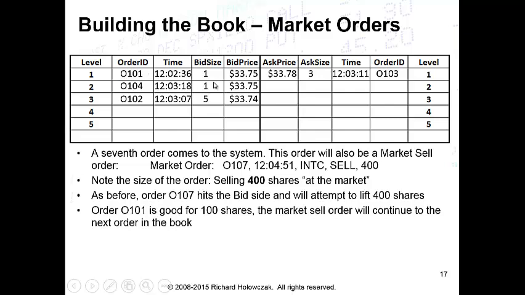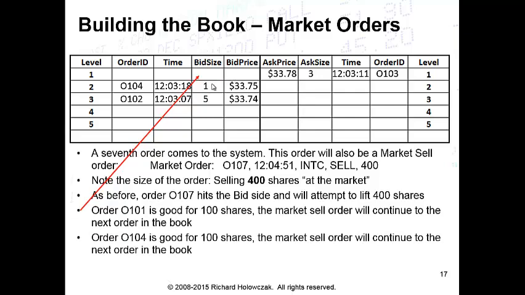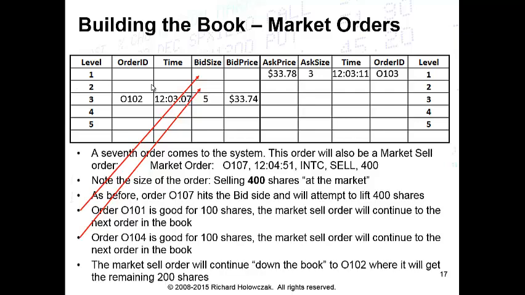Order 101 is good for 100 shares. And so we will immediately execute this order, and order 101 is completed. So they're out of the book. Order 104 is also good for 100 shares. So we will go ahead and sell 100 shares to order 104, and order 104 will be finished. At this point, our market sell order has 200 remaining.